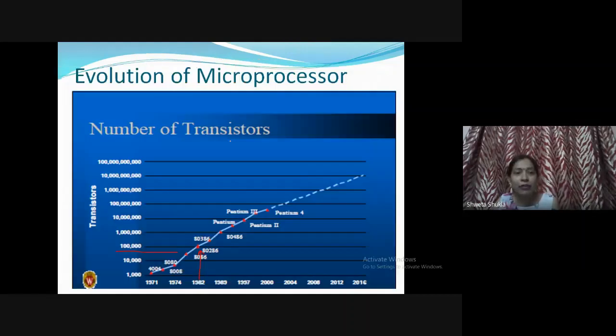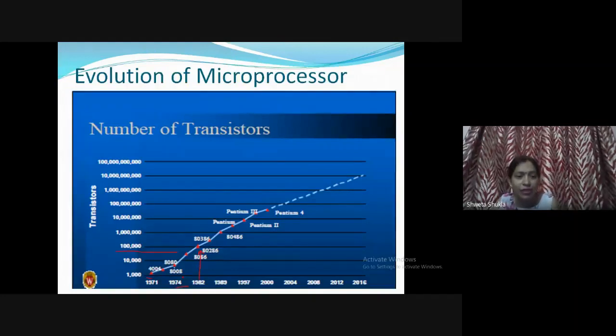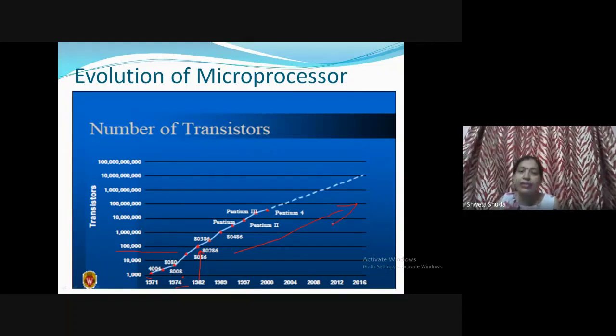You can see from the graph: 1971, the 4004, has very few transistors. Then in 1974, the 8008 has somewhere around 6000 transistors. The 286 and 386 increased to 1 lakh, and it is increasing even till today, with more transistors in such a small chip.